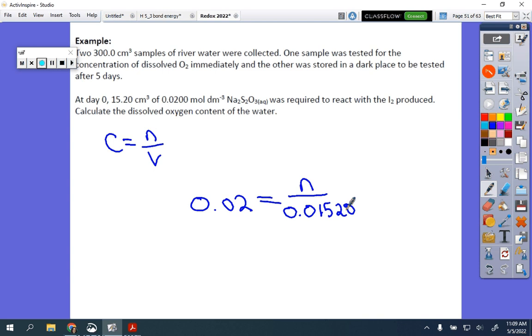So then we just solve for N. That tells us the moles of sodium thiosulfate.